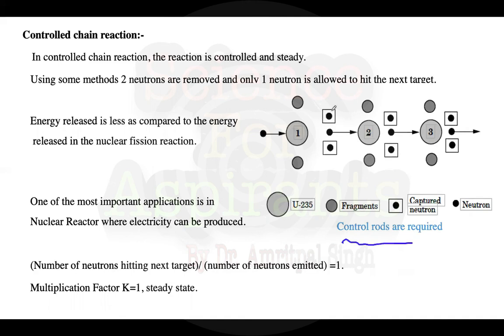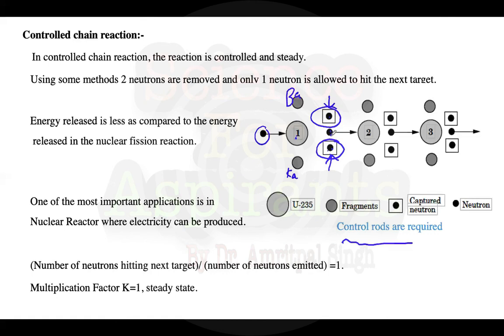You can see we are using these cadmium or boron rods, and these cadmium rods absorb the extra neutrons. This is the neutron when it is interacting with this uranium. Barium and krypton are formed, and along with that 3 neutrons are formed, and 2 of these neutrons are absorbed by the cadmium rods.